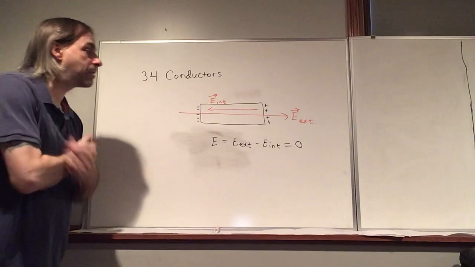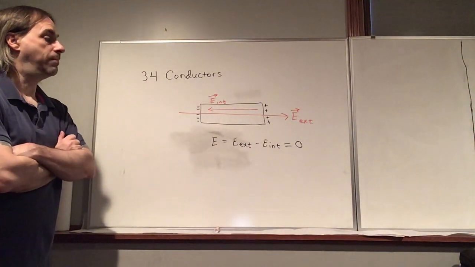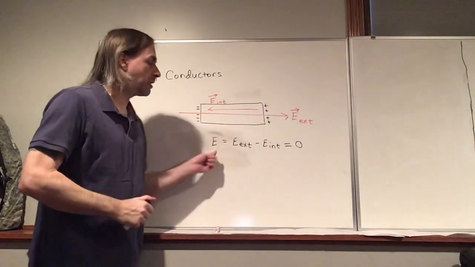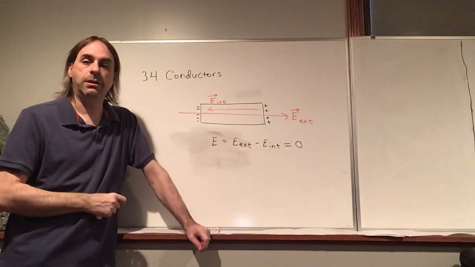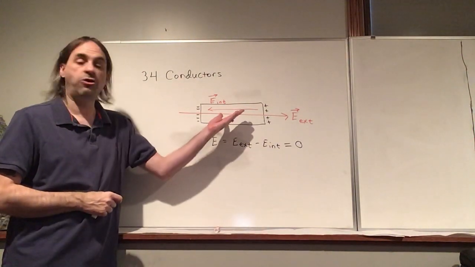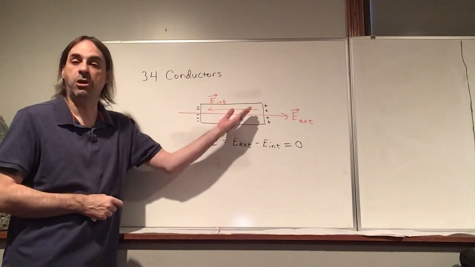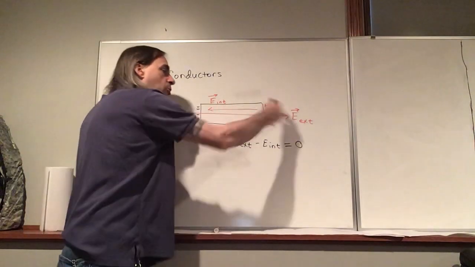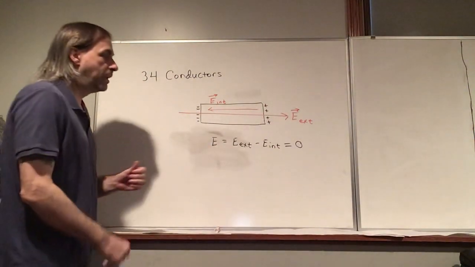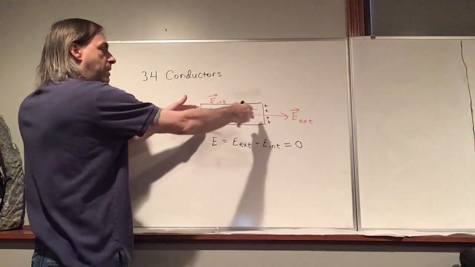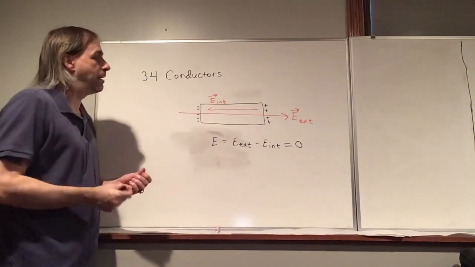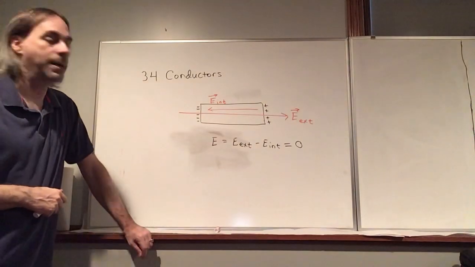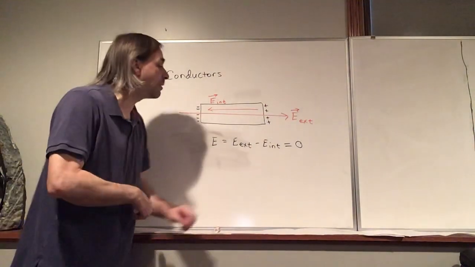So why is the electric field going to be 0 inside? Well, what if the electric field inside is not 0? Then there are going to be forces on the charges, which will cause them to move. Initially, when you just turn on this external field, these charges have to actually move around, and that takes some time, not too much for a good conductor.